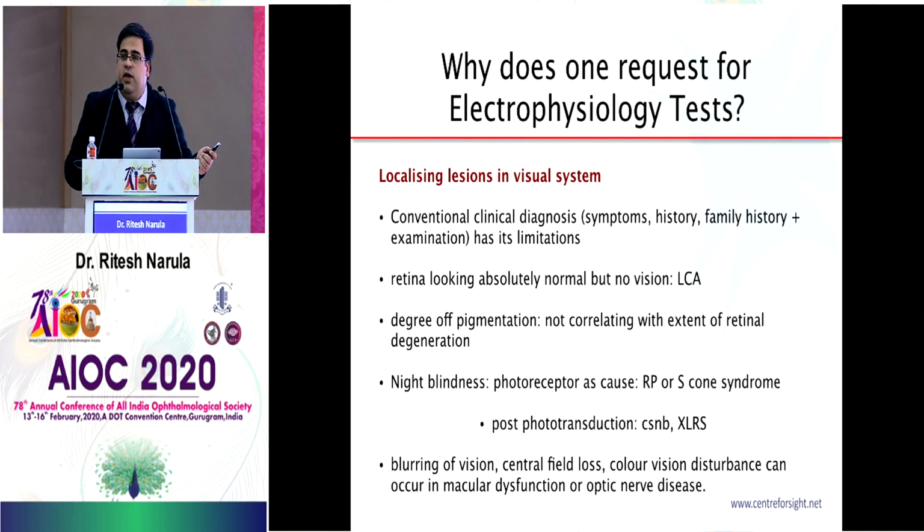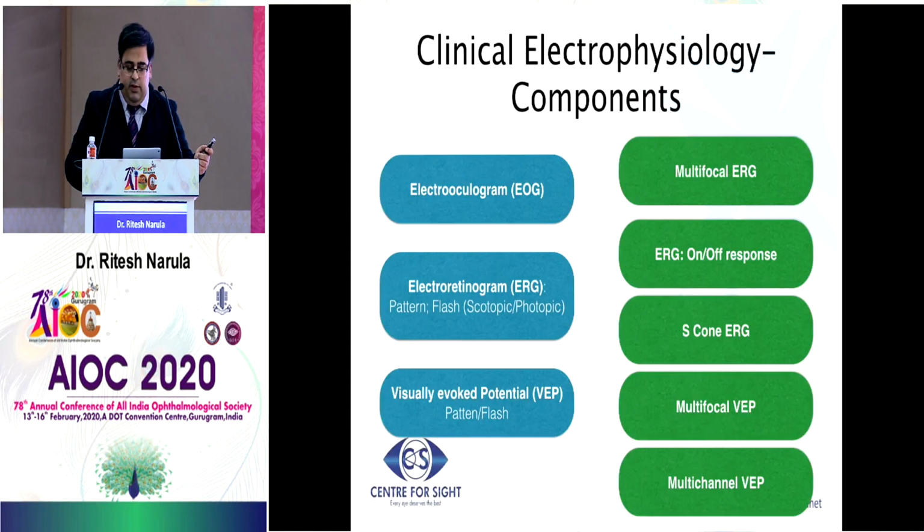We use them when we have unexplained visual loss, unexplained pigmentary changes on the retina, patients complaining of symptoms such as night blindness, abnormal photosensitivities, central vision field loss, but our fundus examination may or may not be 100% diagnostic. In such situations we take the help of electrodiagnostic tests.